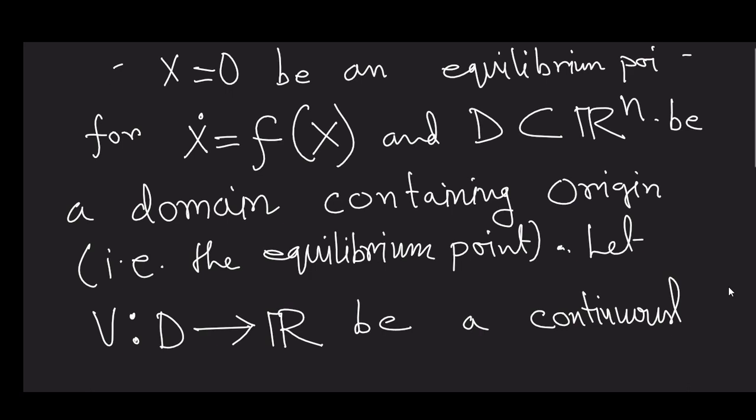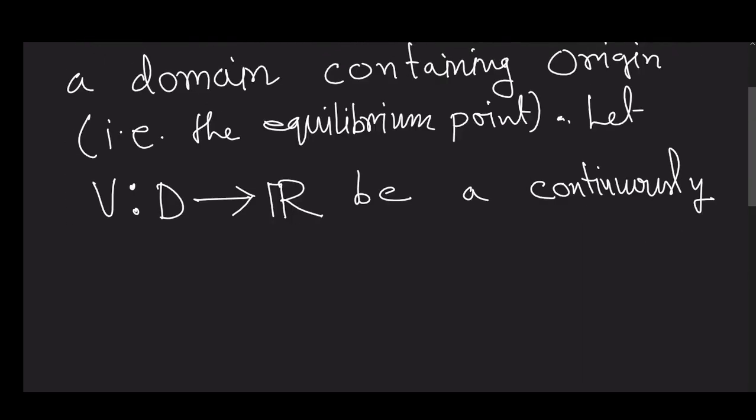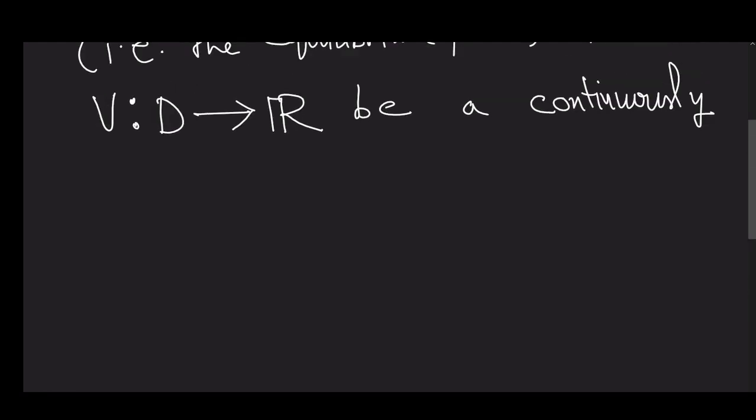So let x equals 0 be an equilibrium point for x dot equals f(x), and let V be a continuously differentiable function.